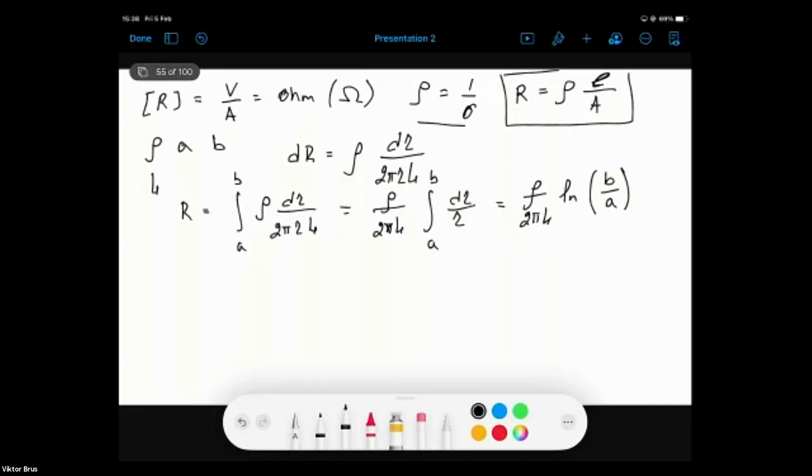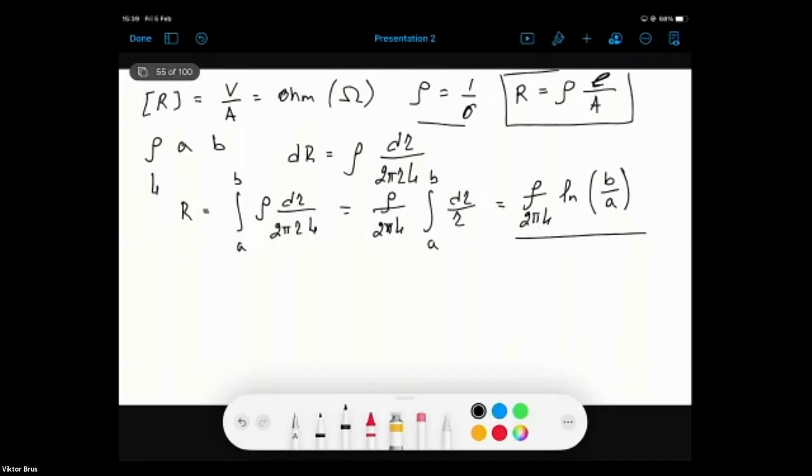So we had natural logarithm b minus natural logarithm a, and the difference of the logarithms is equal to the logarithm of the ratio. So this is the final expression for the resistance of such a cylindrical insulator.